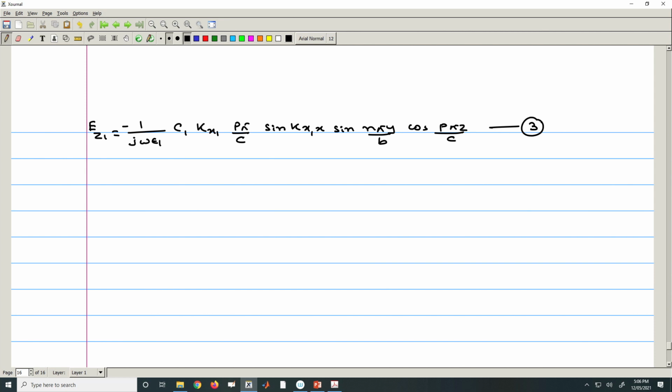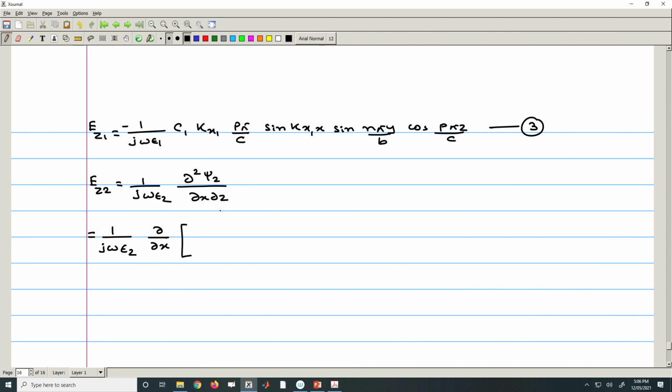Now we will find out E z2. E z2 will be 1 upon j omega epsilon 2, del square psi 2 upon del x del z. So that is equal to 1 upon j omega epsilon 2 del x. First we will differentiate with respect to z and then with x.